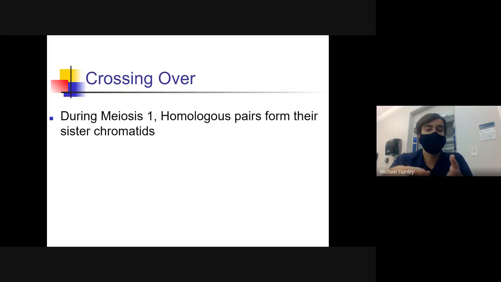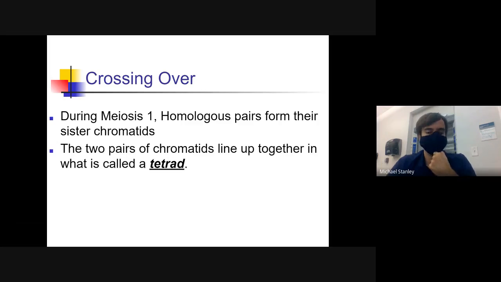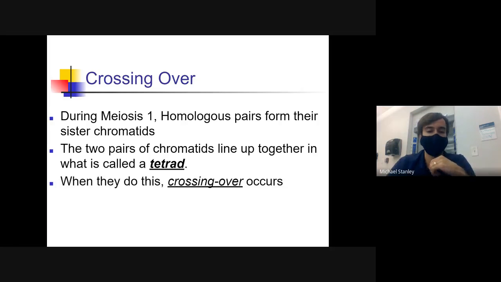So during meiosis 1, just like with mitosis, you have the homologous chromosomes, and then they're duplicated and they have their chromatids there with them. And all of these chromosomes, these 4 sets of chromosomes, all line up right next to each other in something called a tetrad, because there's 4 of them.